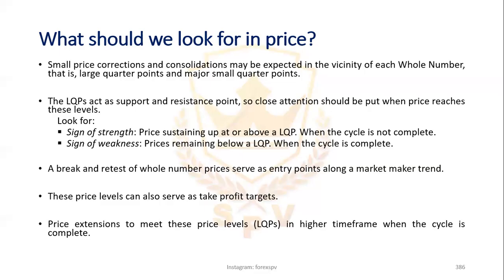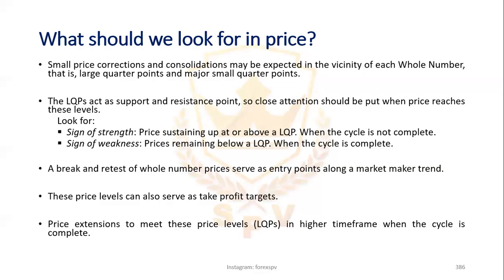And we have learned in the market maker cycle that one of the things we should be expecting after the cycle is complete is for price to extend further, and this price extension usually has targets. One of the targets is these large quarter points at these whole number prices.